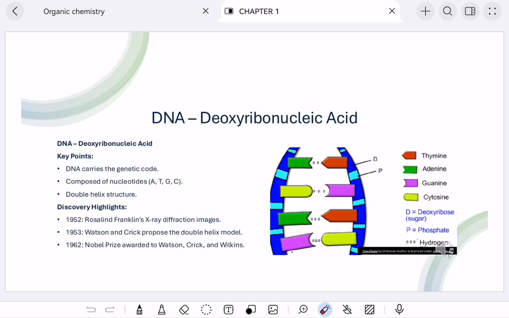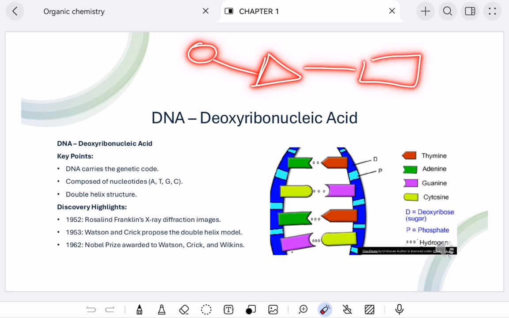If you remember the structure, it was like this, right? And this was the phosphate ion, this was the sugar portion, and this was the nitrogenous base.